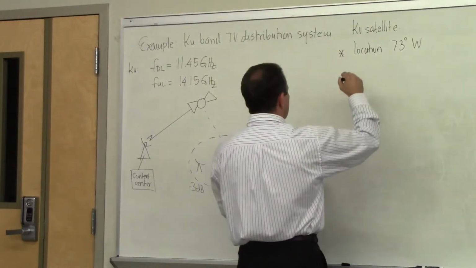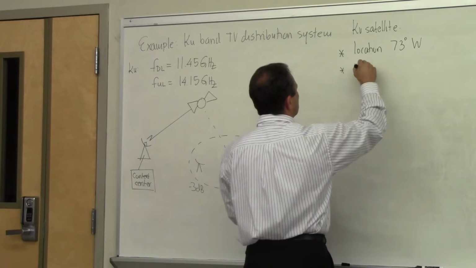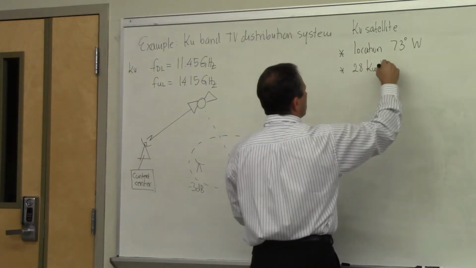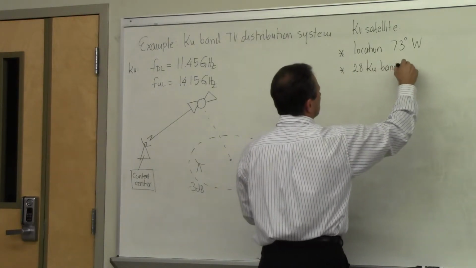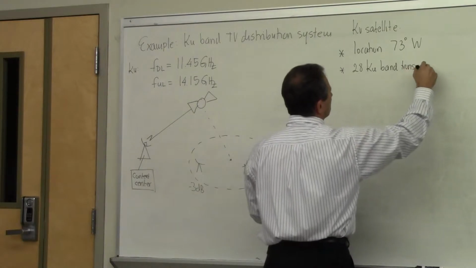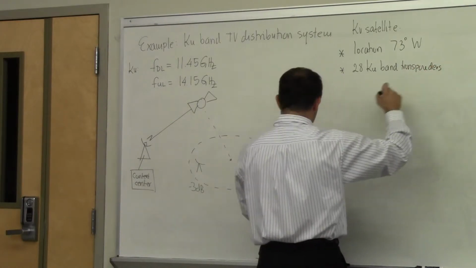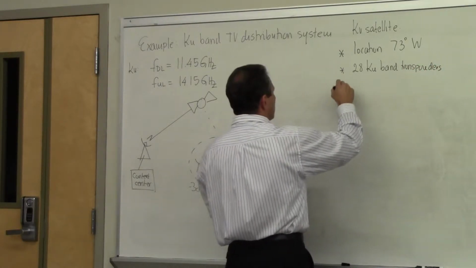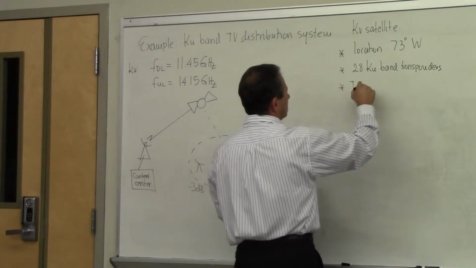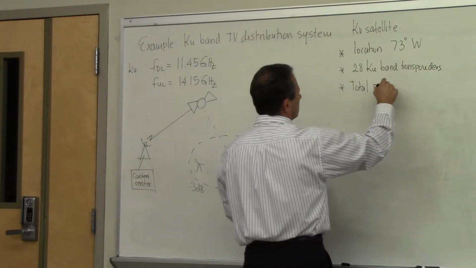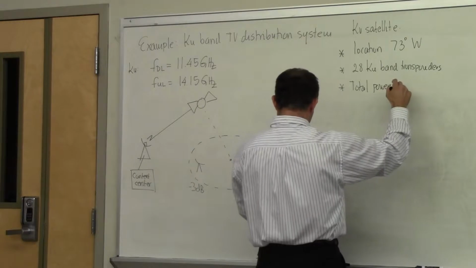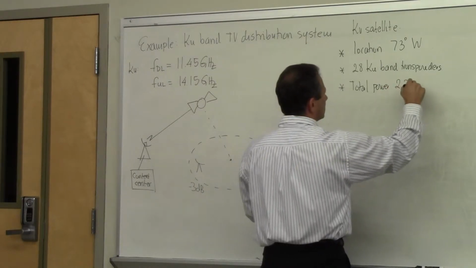So it has 28 KU band transponders. Total RF output power is 2.24 kilowatts.